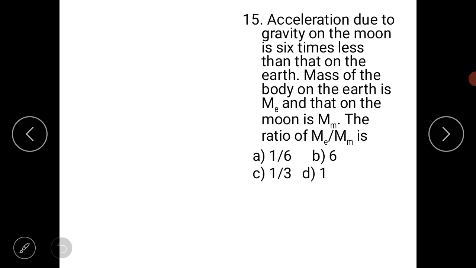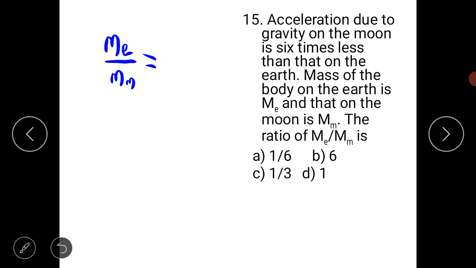What is given: acceleration due to gravity on the earth, suppose you call it 10, then on the moon it is 10/6. So the mass of the body on the earth we call me, and the mass of the same body on the moon is mm. What we have to do is take the mass of the body on the earth divided by the mass of the body on the moon.